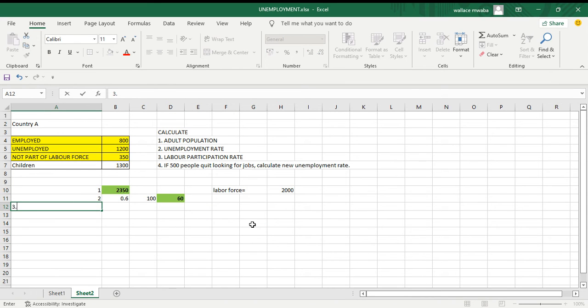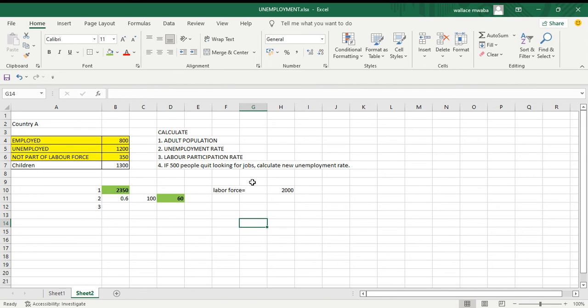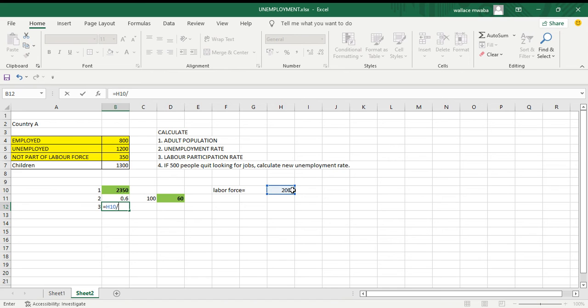Then the labor participation rate. The labor participation rate equals the labor force divided by the adult population. Okay, so our adult population, what did we find? It was 2350. So first we're going to say our labor force, which is 2000, divided by our adult population, 2350, we get 0.851.